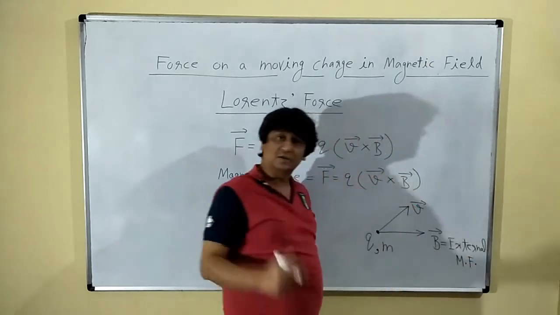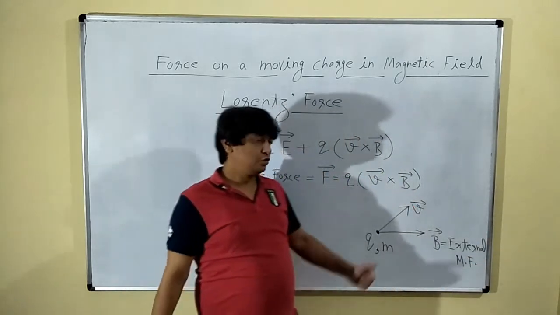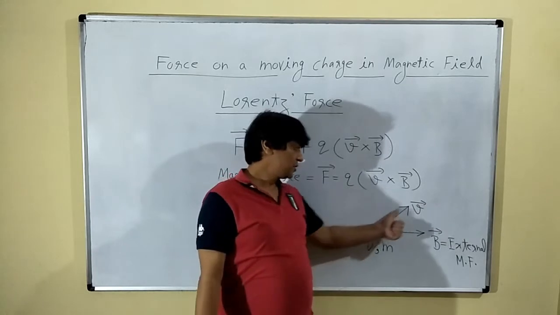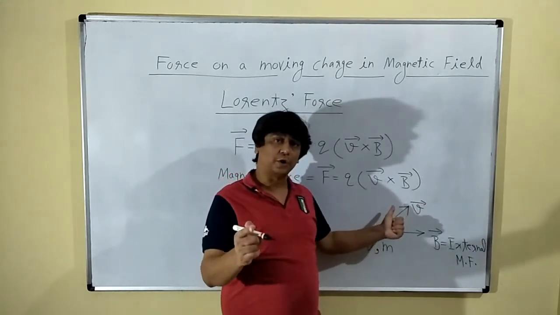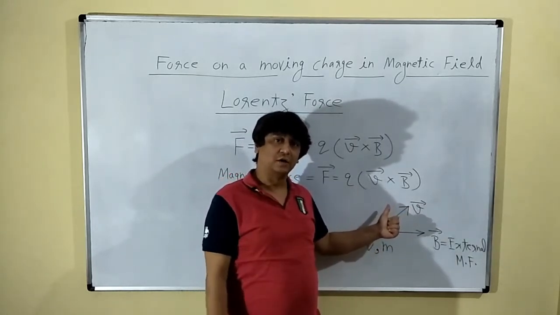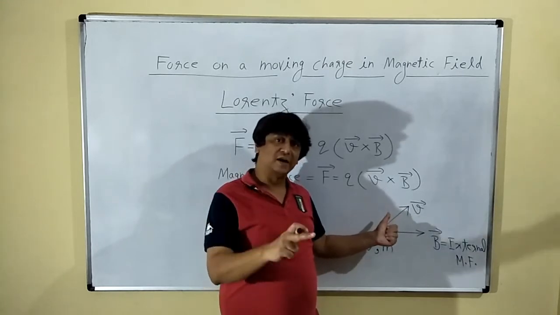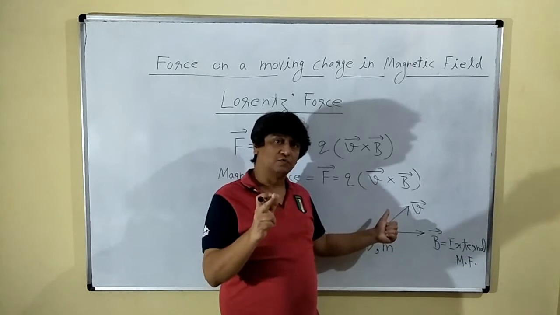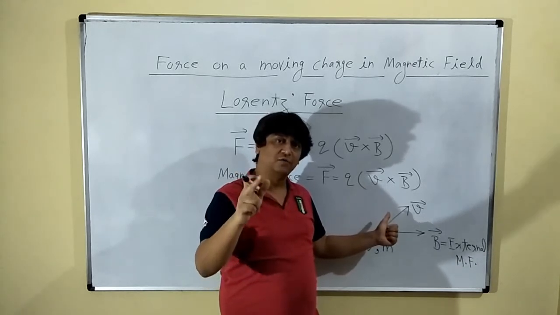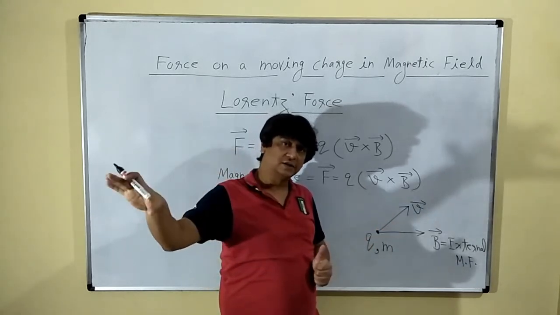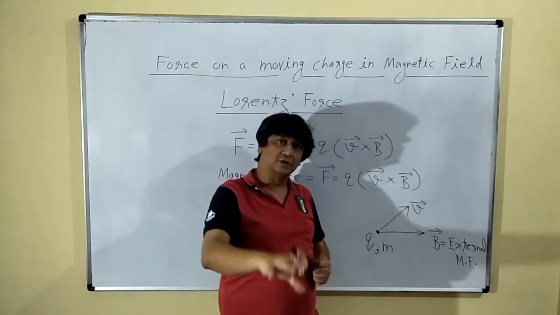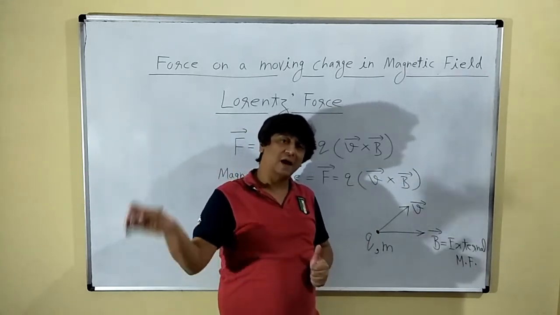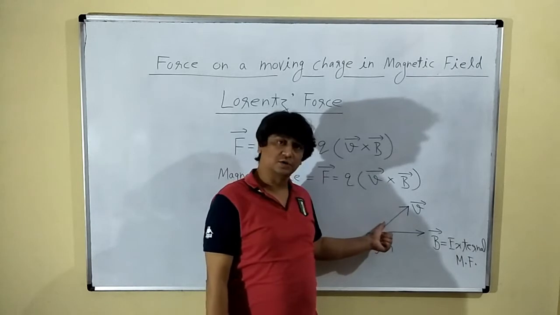What do I mean by external magnetic field? You know that a moving charge also produces a magnetic field. In that magnetic field, we are not interested. We are interested in the magnetic field of a device which created its own magnetic field, and in that magnetic field our charge is moving.